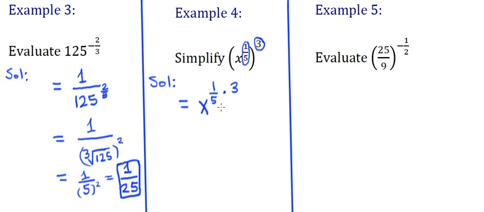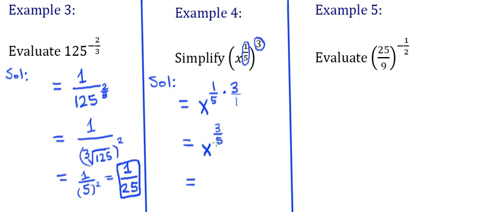So what is 1/5 times 3? Well, once you place the number 1 below here to make it look like a fraction, 1 times 3 is just 3. 5 times 1 is just 5. So x raised to 3/5. Okay, now simply write this rational exponent in radical form.